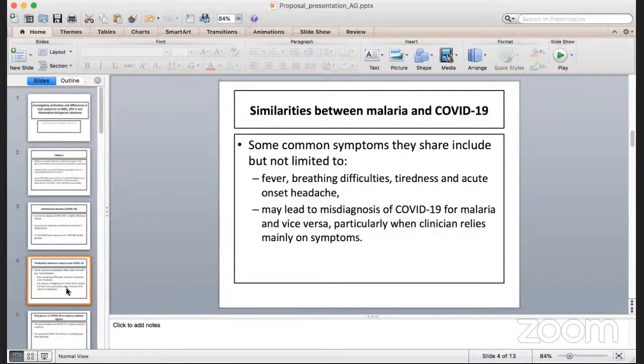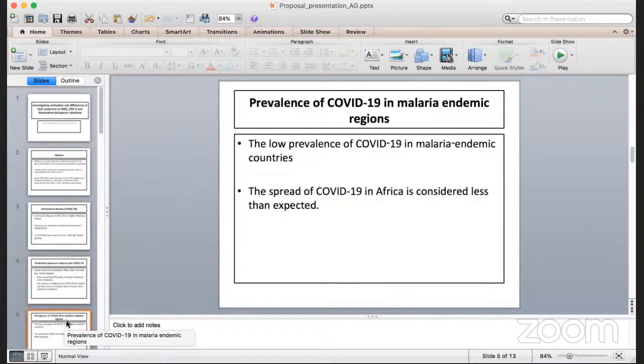This is particularly seen where a lot of the malaria diagnosis relies on just the symptoms. I can speak for Ghana and a lot of African countries. We self-diagnose and go to pharmacies and get our treatment based on these symptoms. So it's very likely that we have missed a lot of the COVID-19.